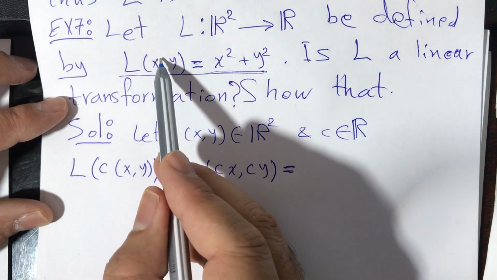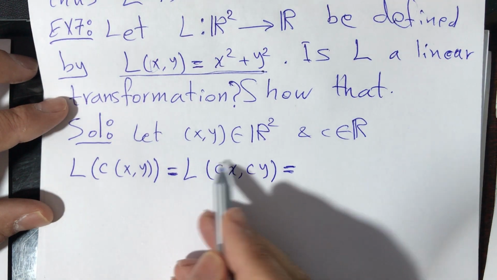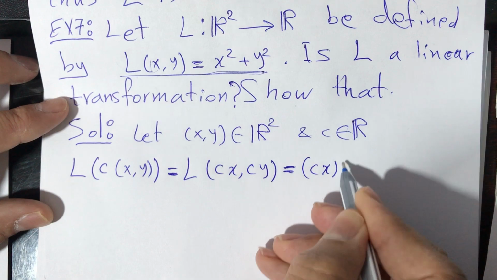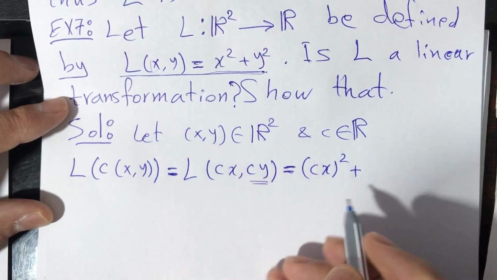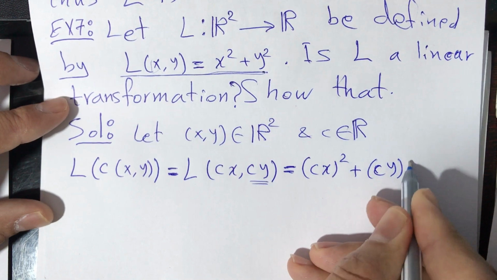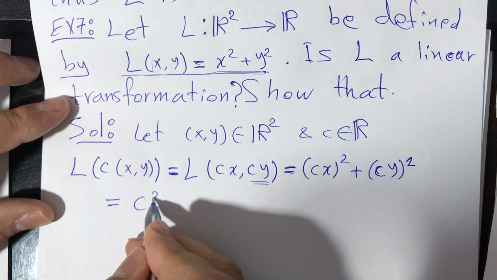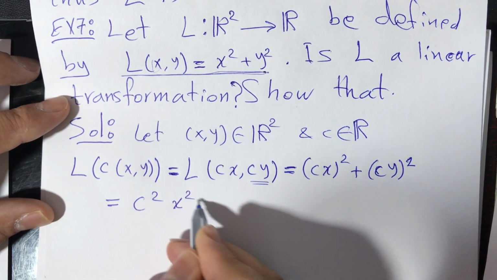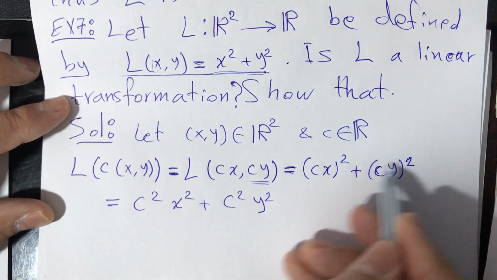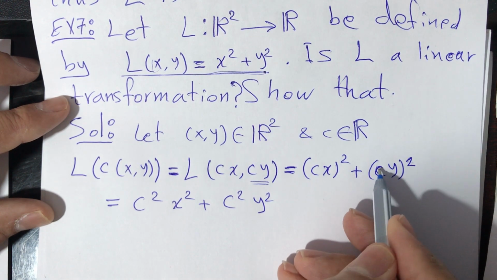Here the first argument cx squared, and the second argument cy squared, which is equal to c squared x squared plus c squared y squared. We move the square onto c and x, and also onto c and y.